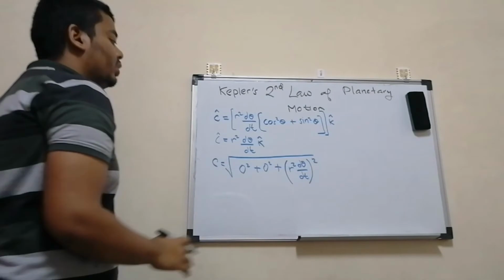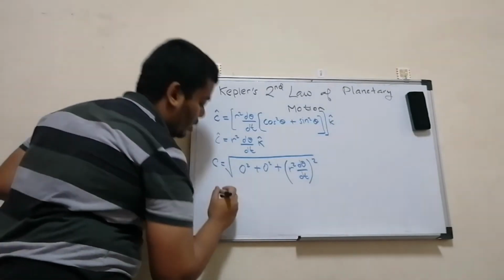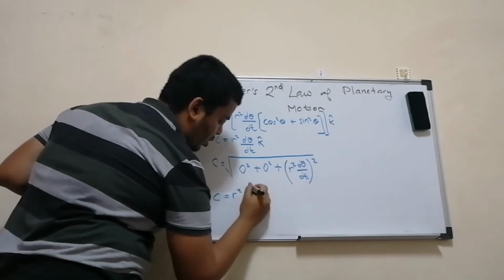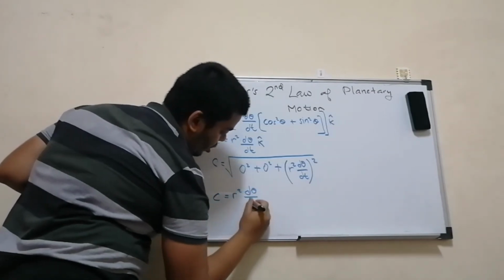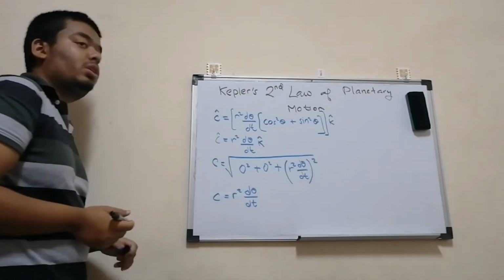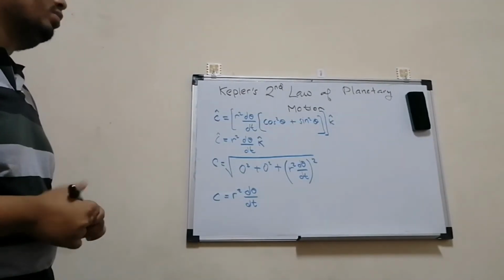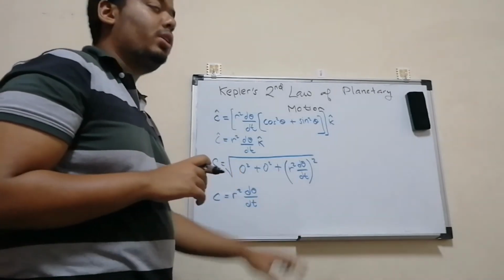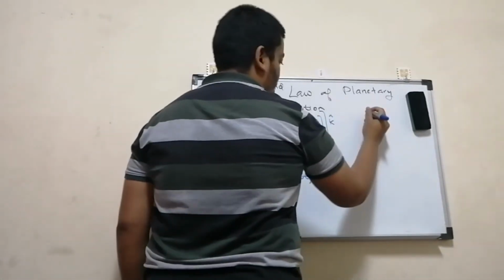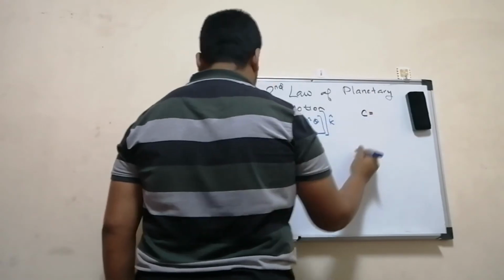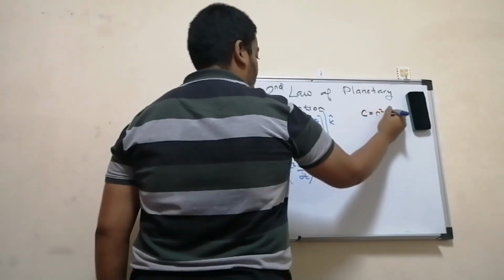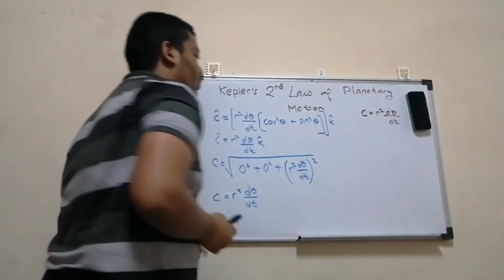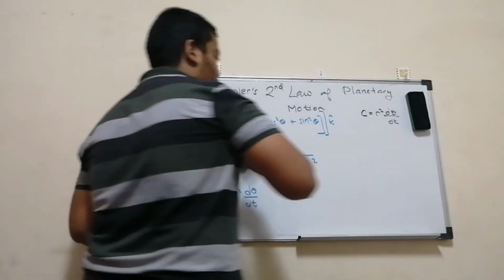If you simplify this, you will end up with c is equal to r squared d theta over dt, and it's a constant value. Okay, perfect. Now I will keep this on the side because we will need this at the end: c is equal to r squared d theta over dt. Okay, perfect. Now I'll remove everything else.